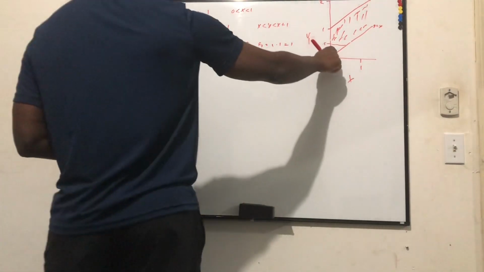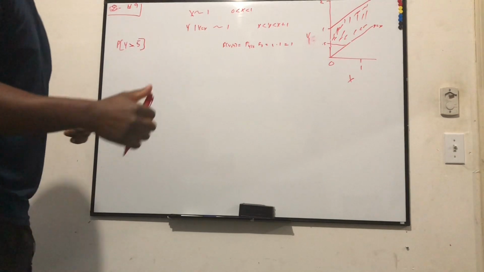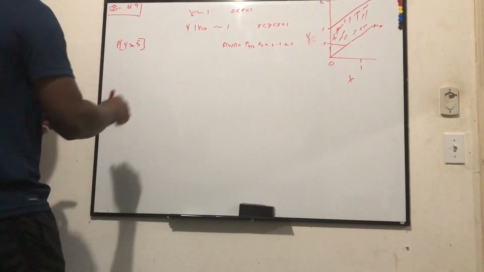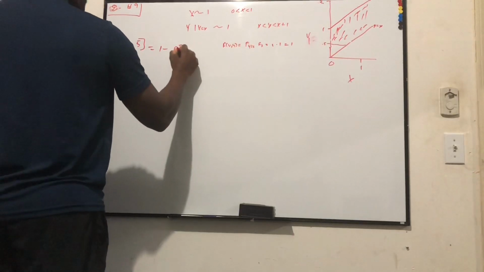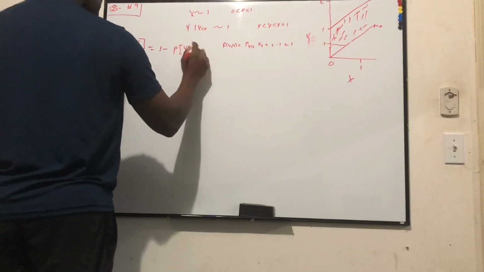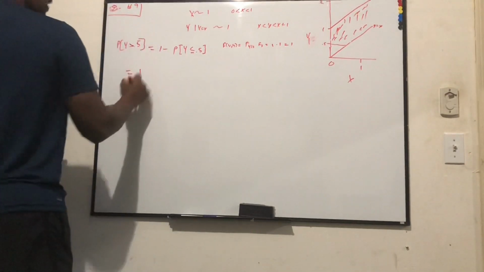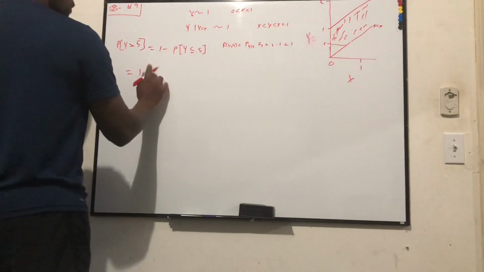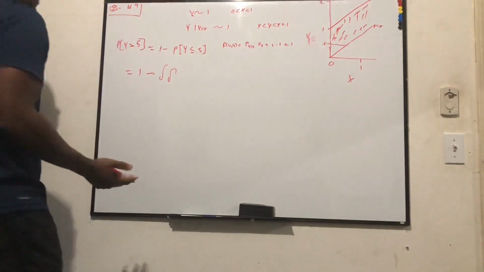Let's find this area, and then 1 minus that area, and then we can find the probability we're looking for. So this is 1 minus the probability that y is less than or equal to 0.5, and we can find that through the joint.